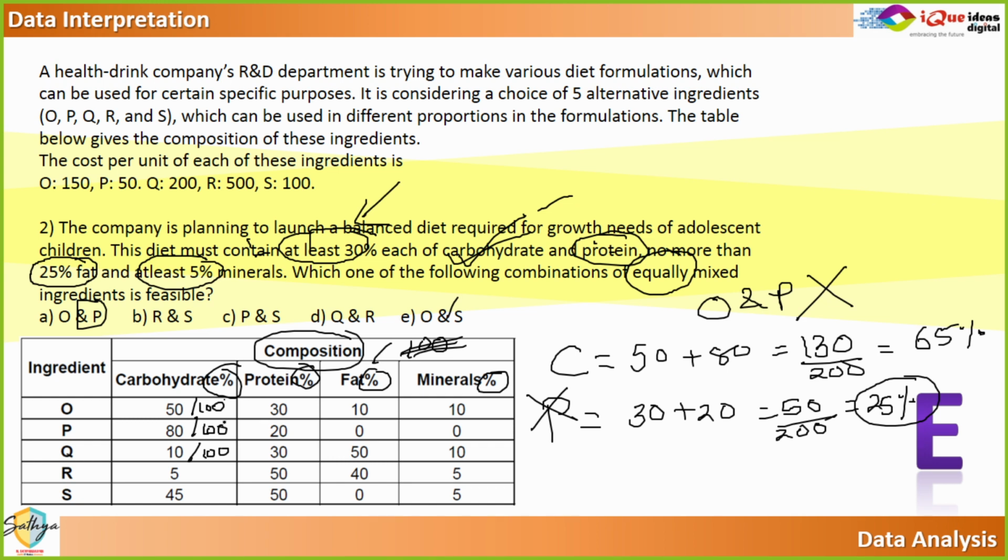The table, it gives you values out of 100. Now, so if out of 100 the values are given, when I'm adding O and P, so 50 plus 80 is 130 out of 100 plus 100, 200. So when I'm mixing them in same quantities, I'm getting 130 out of 200. But my condition is in percentage.